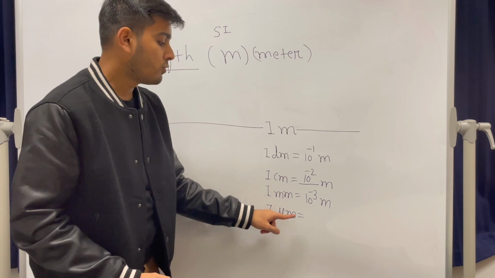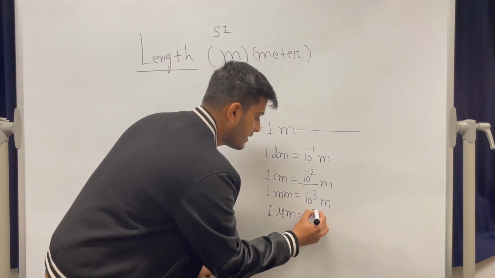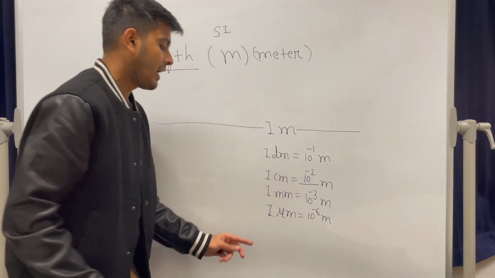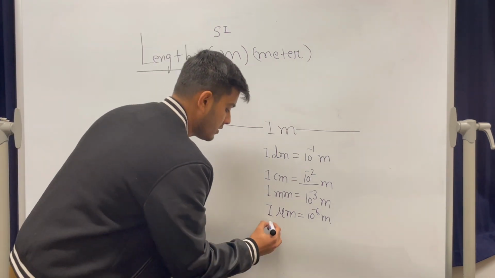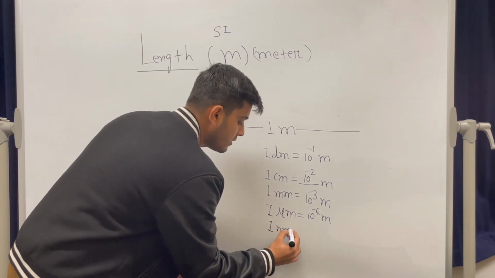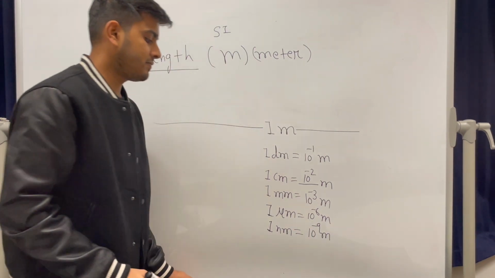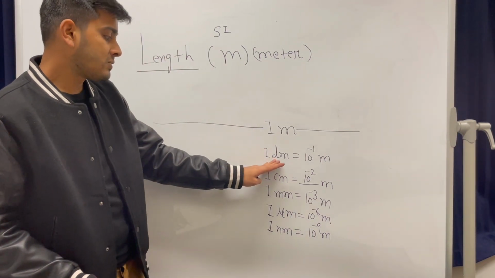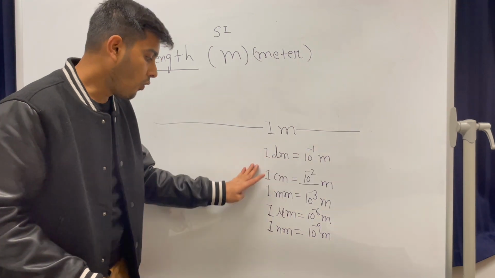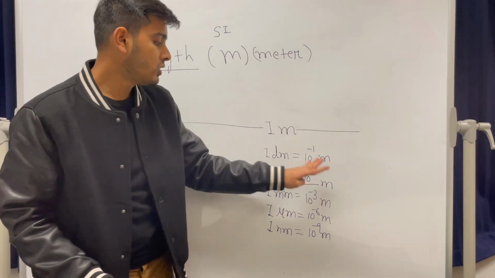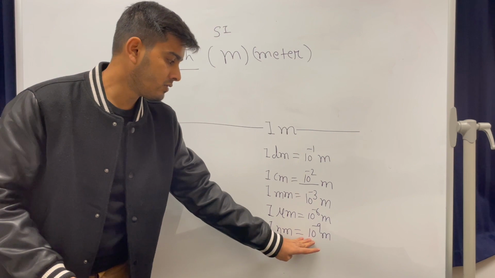So 1 micrometer will be 10 power minus 6 meter. And the nanometer, the last one: 1 nanometer is equal to 10 raised to minus 9 meter. So we are going from smaller unit to bigger unit, so you always have negative power.